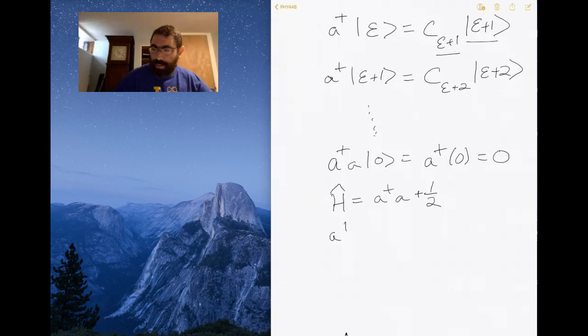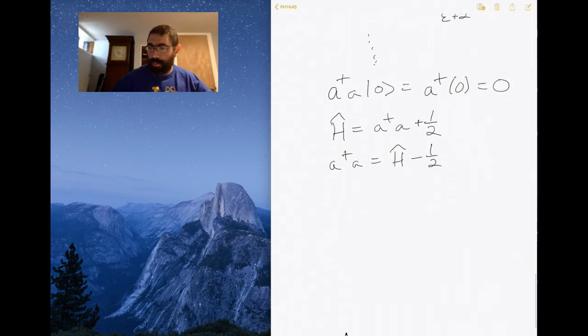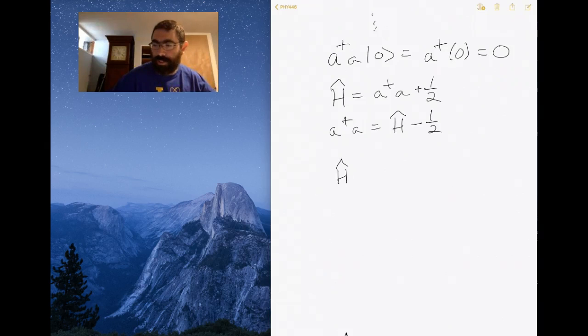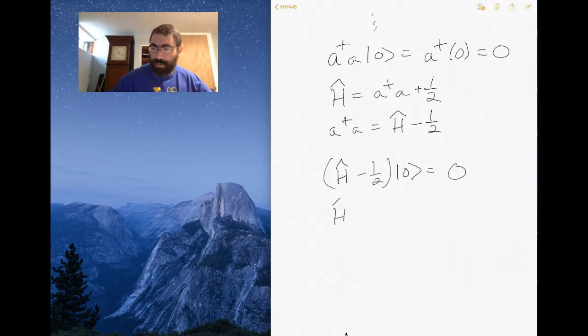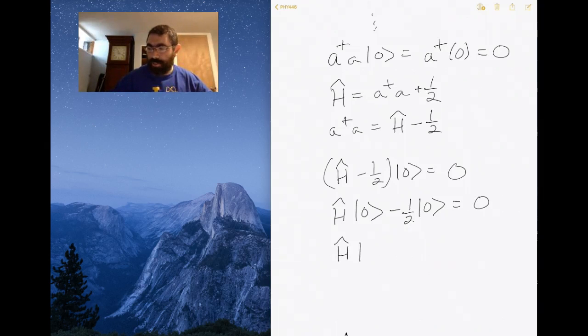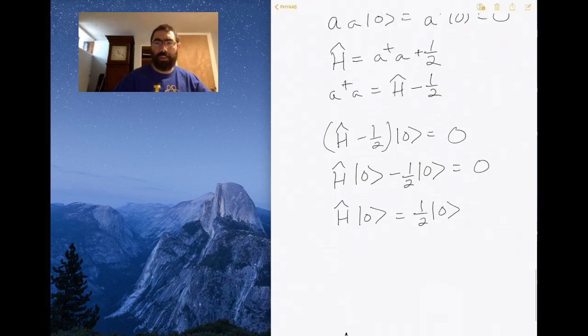So that means that A dagger A is equal to the Hamiltonian operator minus 1/2. And so if you put that in, you get the Hamiltonian minus 1/2 operating on the lowest energy state, which is equal to 0. So that means that my Hamiltonian operating on the lowest energy state minus 1/2 times the lowest energy state equals 0. So the Hamiltonian, when it operates on the lowest energy state, gives me a value of 1/2.